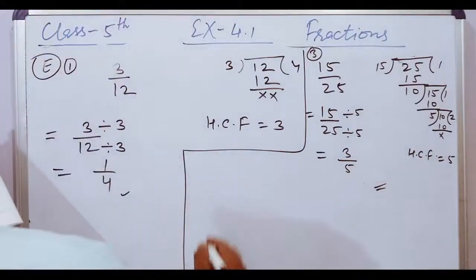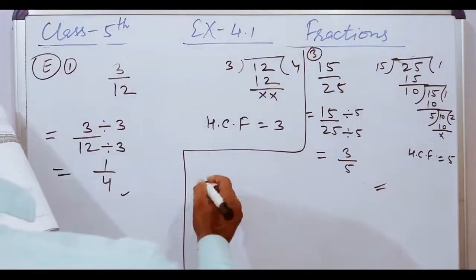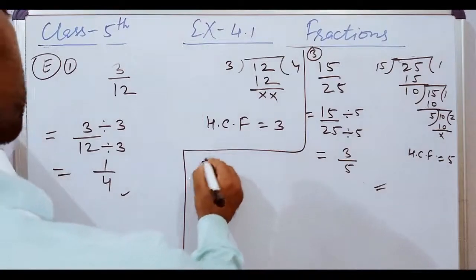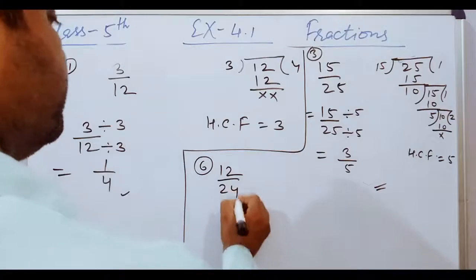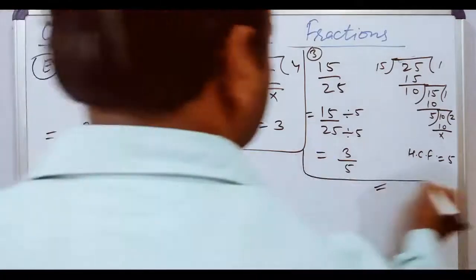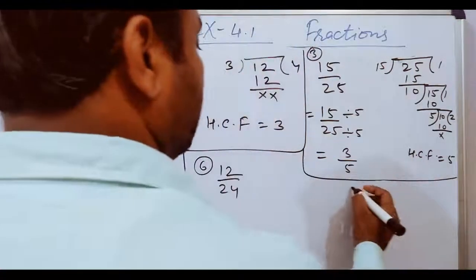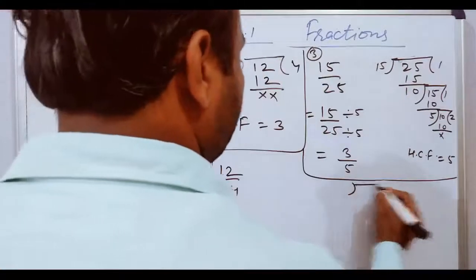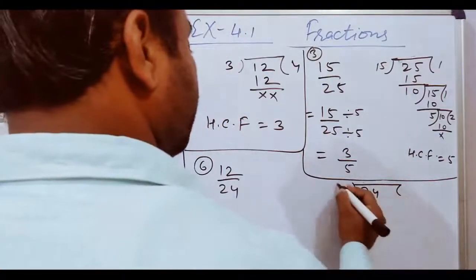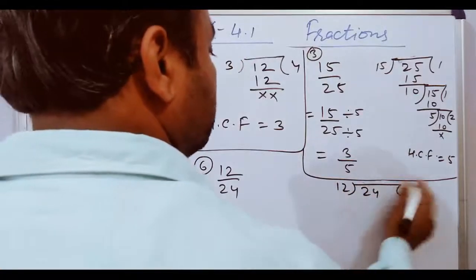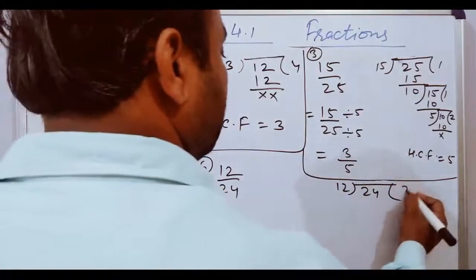Now question number 6. 12 upon 24. Now we have to find the HCF of 12 and 24. 24 inside, 12 outside. By 12 we will divide. 12 2s are 24.